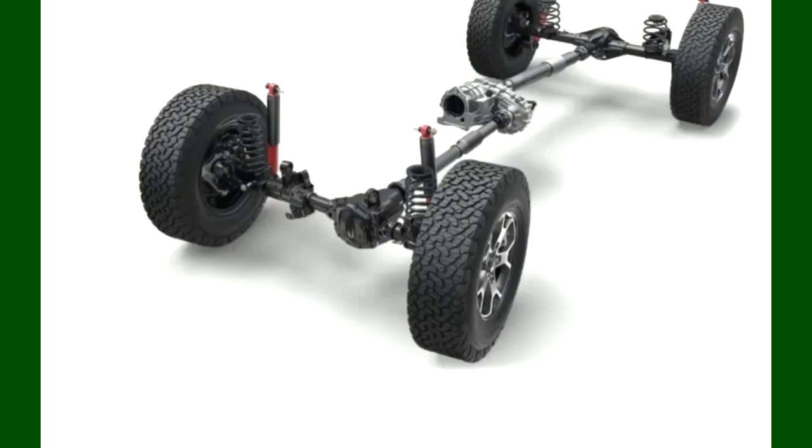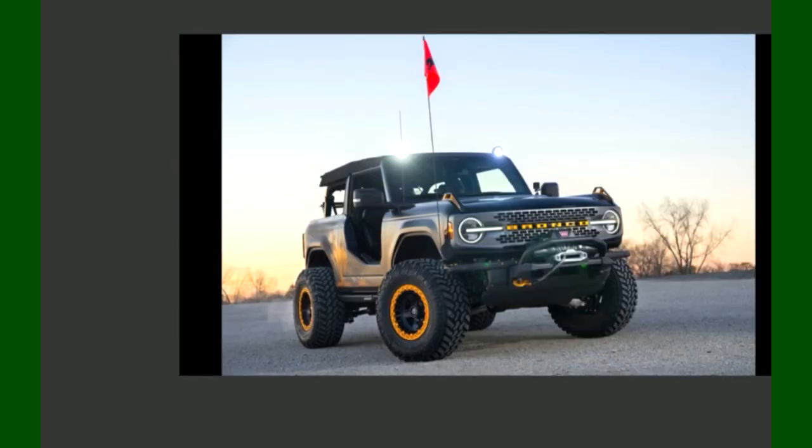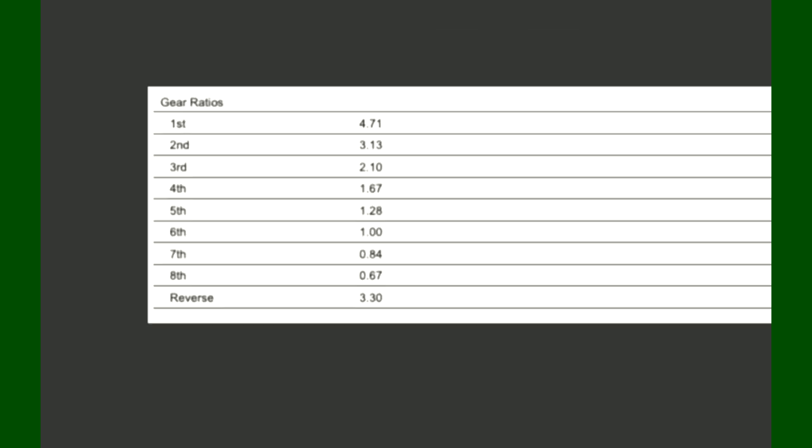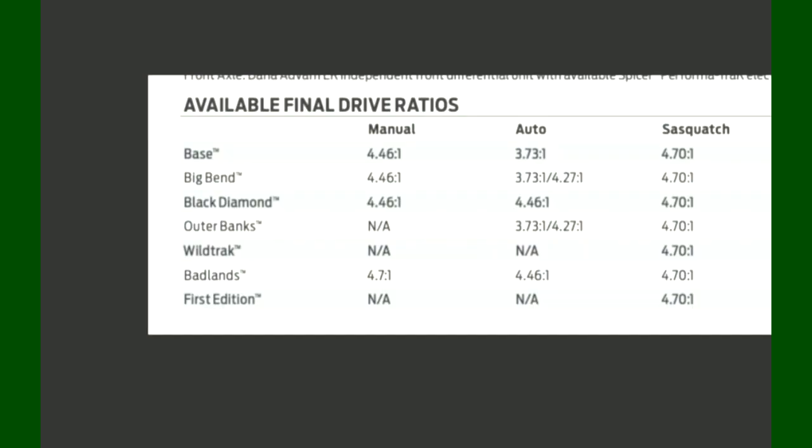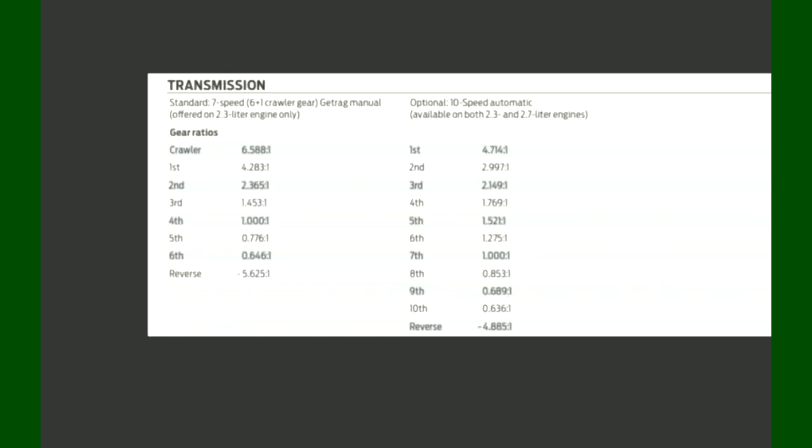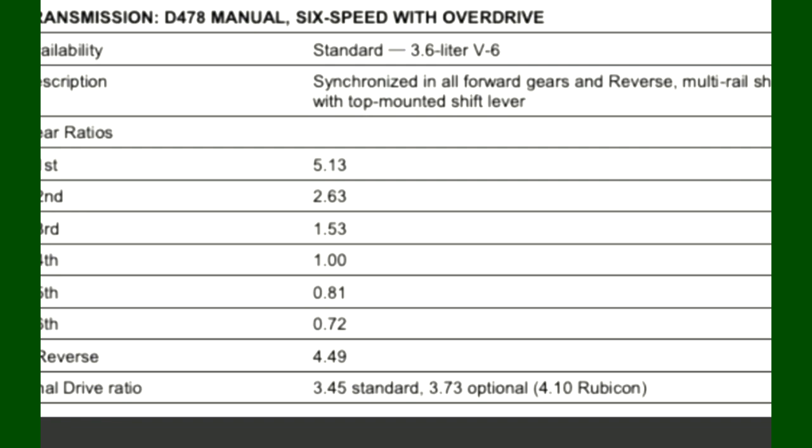And right now, as we go through here, we're looking at the suspension system, and I'm basically looking for the chart. This is not the chart, but we're looking for the transmission chart. Here it is right here. This is it. The transmission for the 6-speed with overdrive. We have the availability standard 3.6 liter V8.